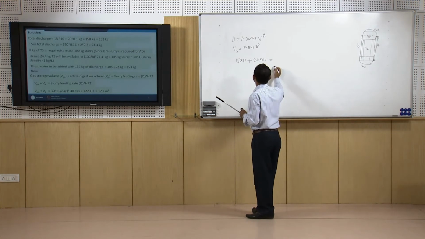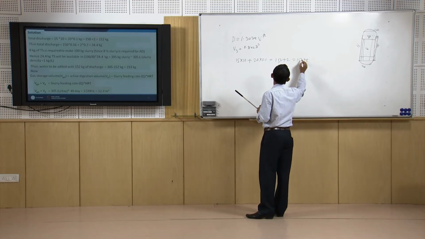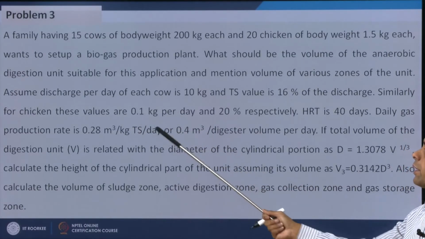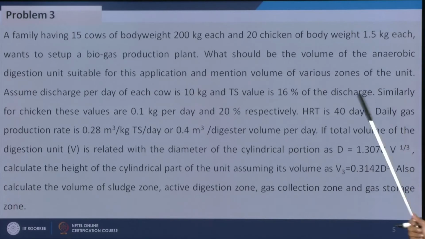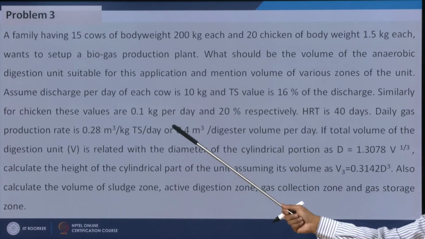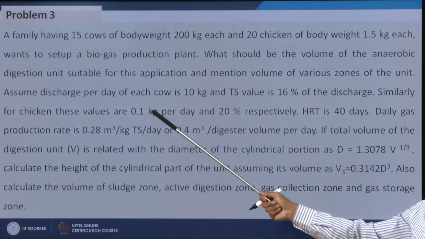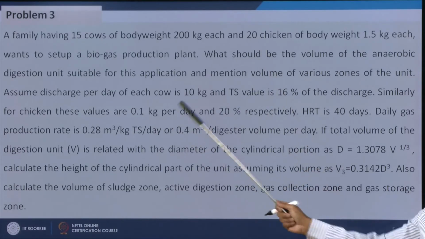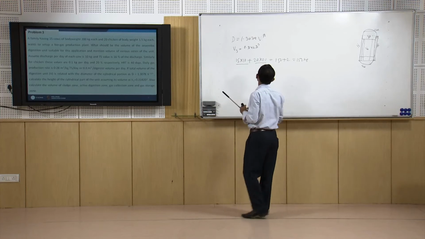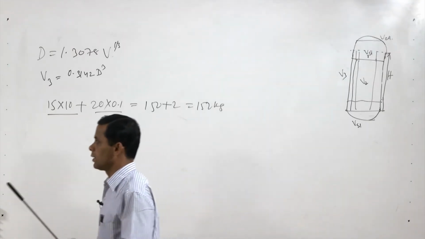So, that is equal to 150 plus 2, 152 kg. This is our discharge per day. So, 152 kg is the total discharge.